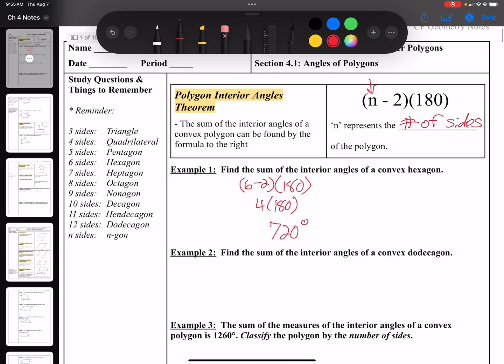What about the interior angle sum of a dodecagon? Well, that's 12 sides. So number of sides minus 2 times 180. 12 minus 2 is 10 times 180. So that'll be 1,800 degrees.